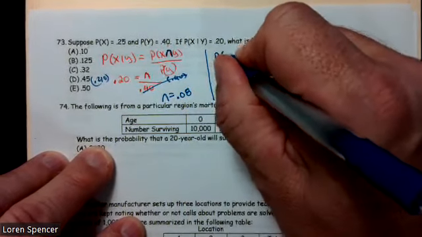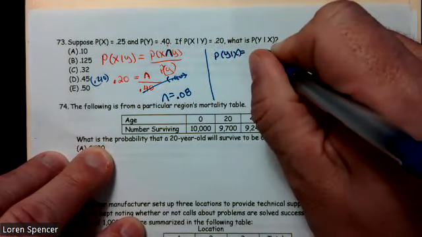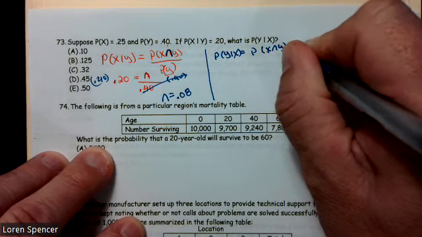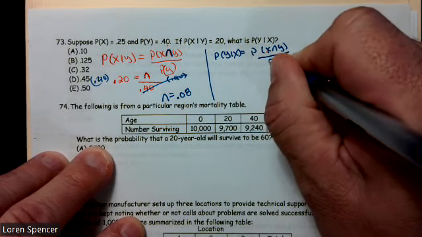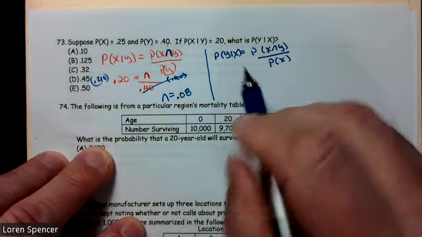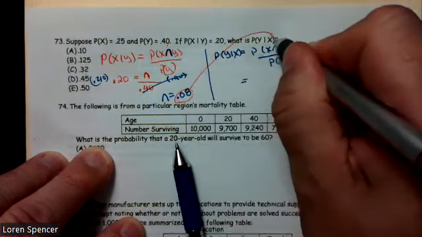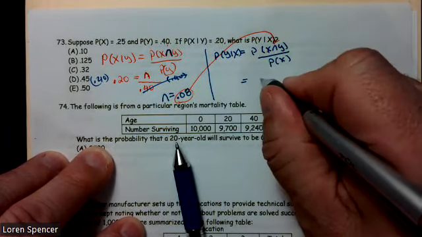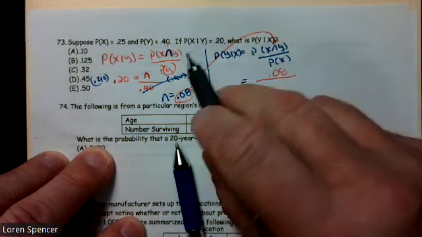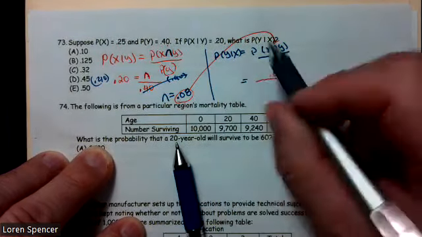Well, the probability of y given x, that's the formula, equals the probability of x and y over the probability of x. Well, we just found out that the intersection is 0.08. So that's going to go right here. So that's 0.08. And we know x happens to be 0.25.